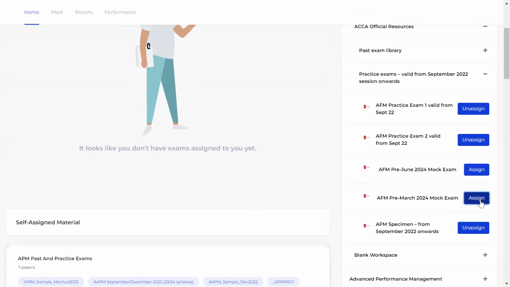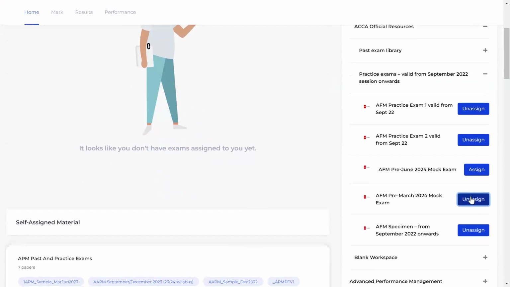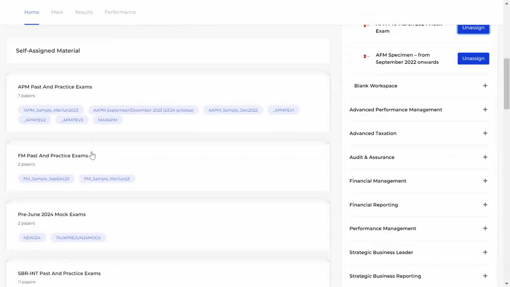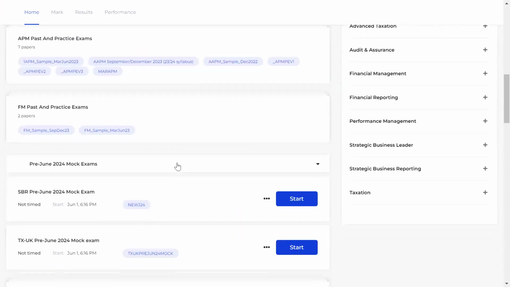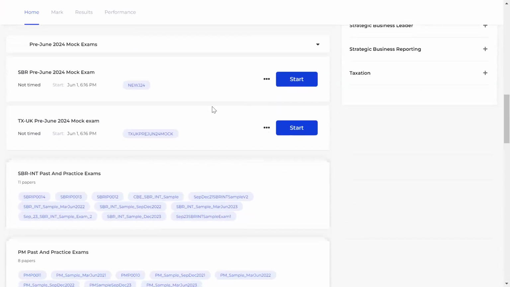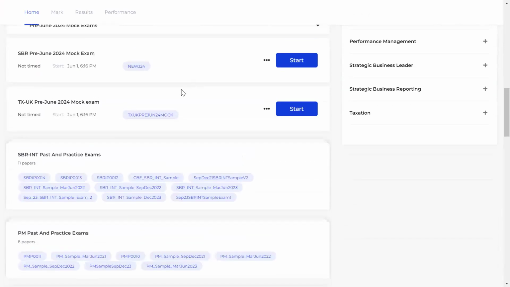And we have got this mock examination. This is the mock examination that we have assigned to ourselves.